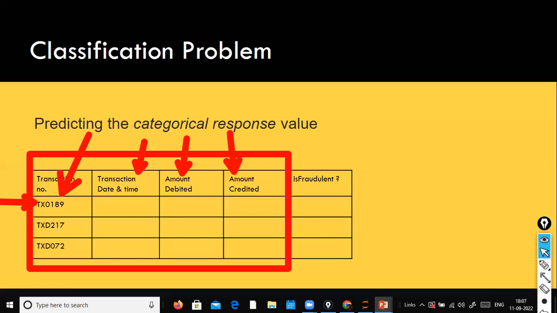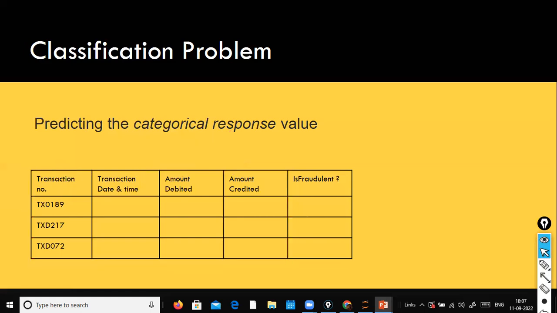We are very particular about the fraudulent transactions so that the bank can take swift action in order to trace out why this fraudulent transaction happened, what is the source of the fraudulent transaction. They can take swift action to fix this issue.